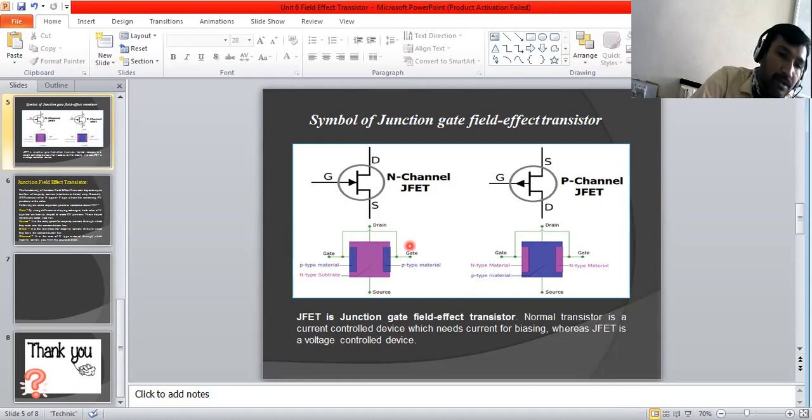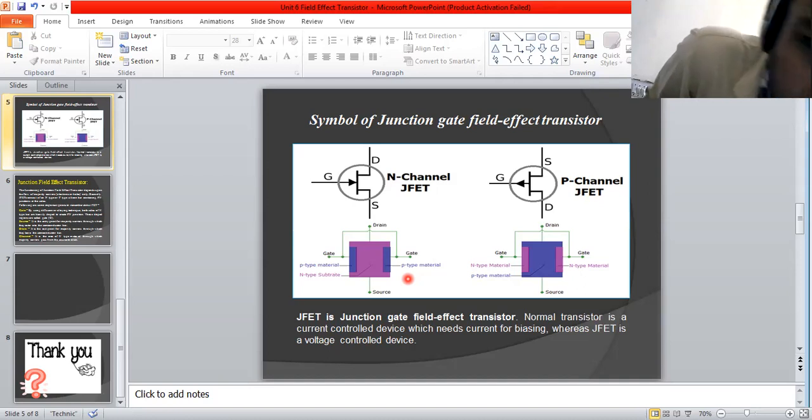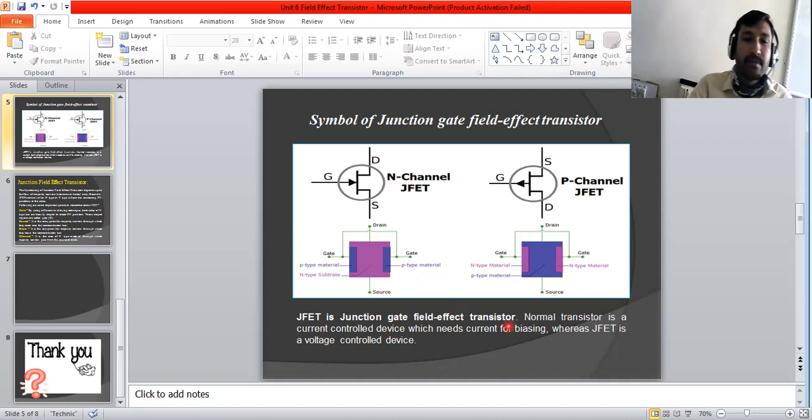Now, what is meant by base, gate, or source? Here we have to see one by one. In a BJT, what is the function of the base? To pass the charge carriers from emitter to collector.